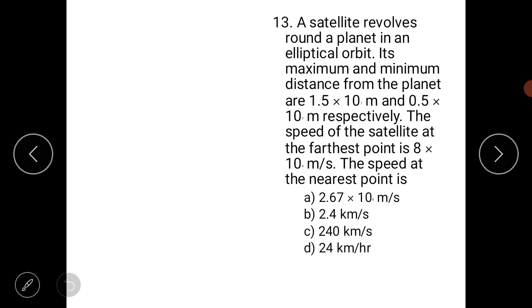So, the question is: a satellite revolves round a planet in an elliptical orbit.